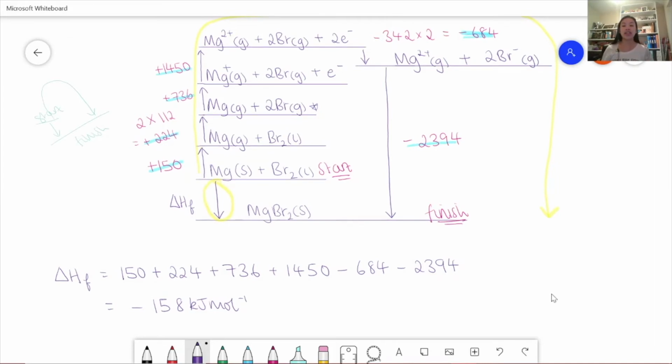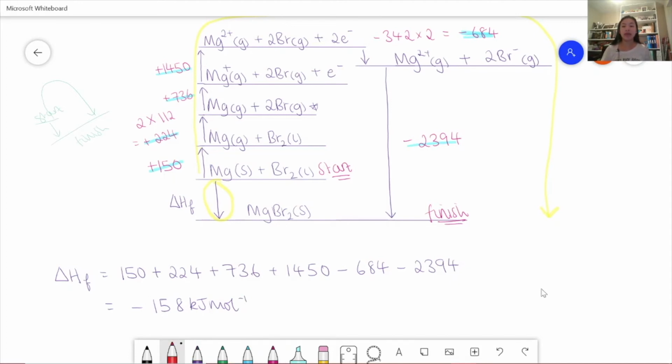So we can actually calculate any of these enthalpy changes. It doesn't have to be this enthalpy of formation. We can calculate any of them given all of the other ones, just by forming an equation like this one. And also, it's useful sometimes to annotate what you've done.